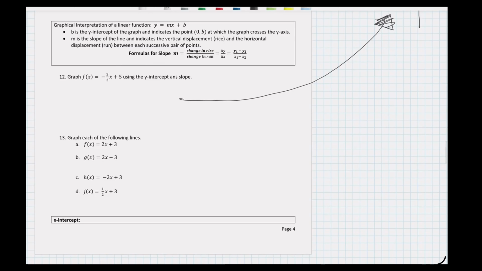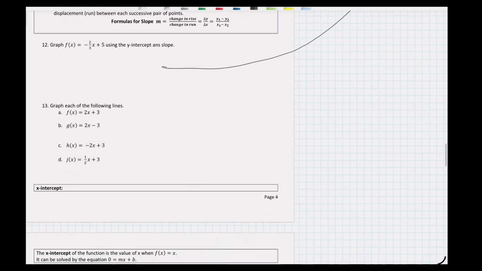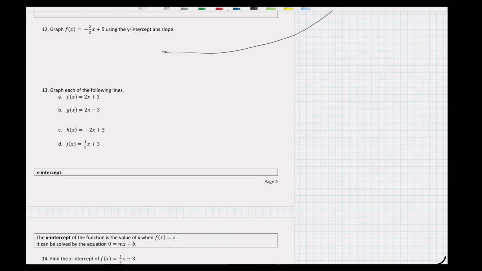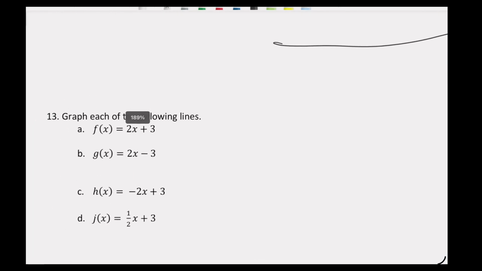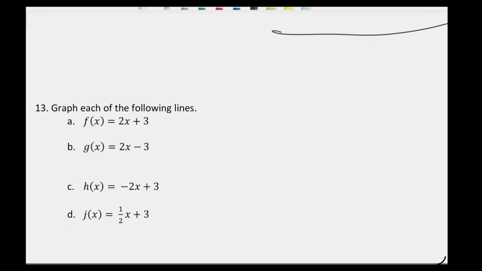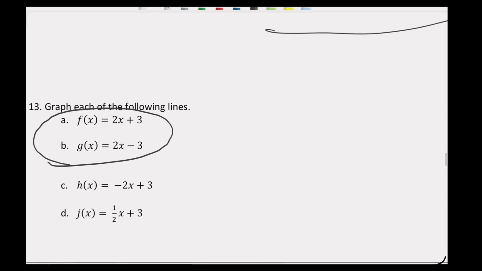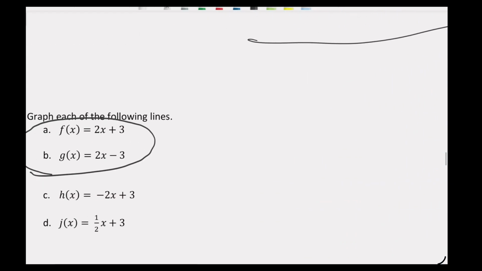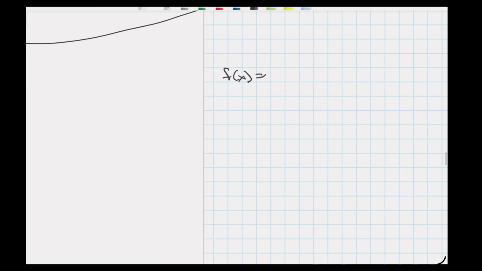All right, 13 is interesting. Here's what we're going to do for 13. We have these functions, and I'm going to graph these two on the same set of axes. I have f of x equals 2x plus 3, and g of x equals 2x minus 3.